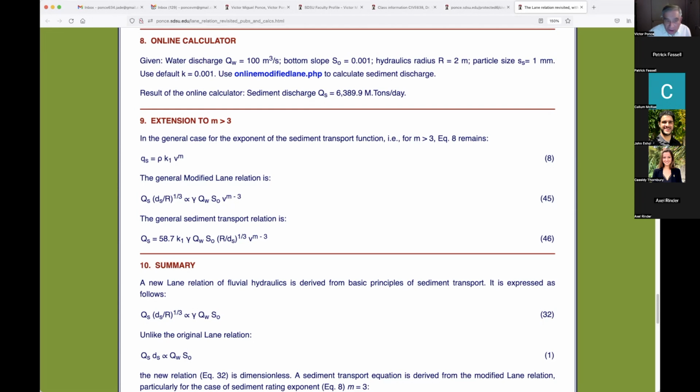I have extensively talked about this before. If you make a 100% error in sediment transport, it doesn't mean much. So what are we doing here? 100% error sounds like a whole lot. And the answer is, that's all we can do. We have to be humble and realistic about this.